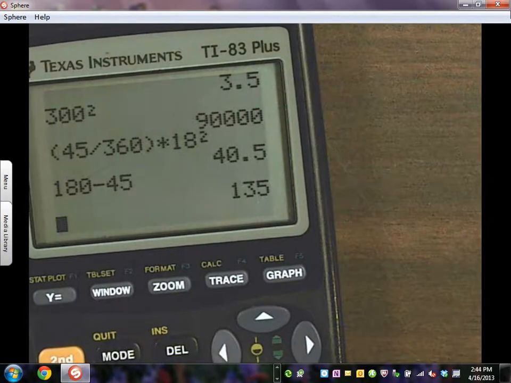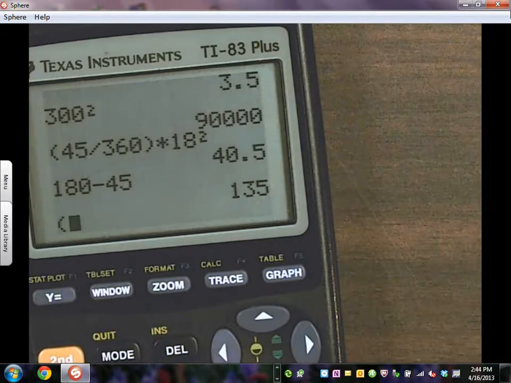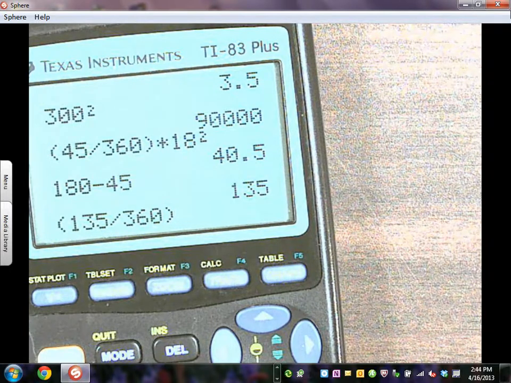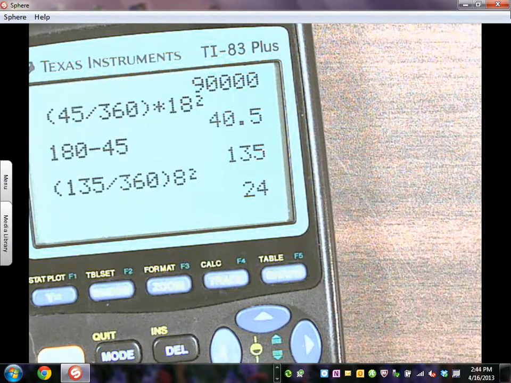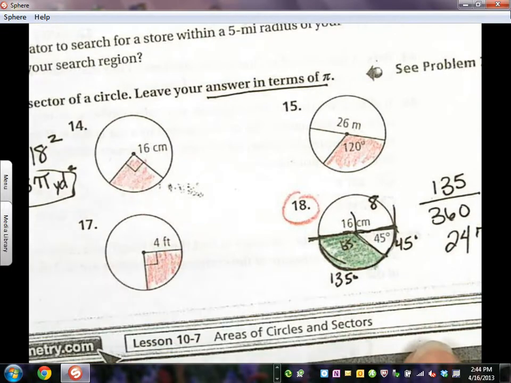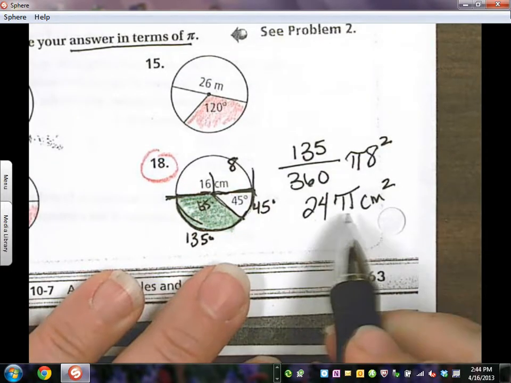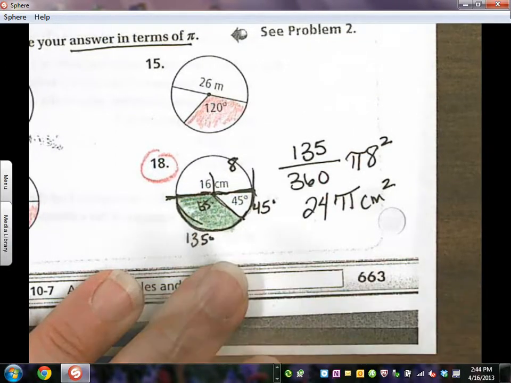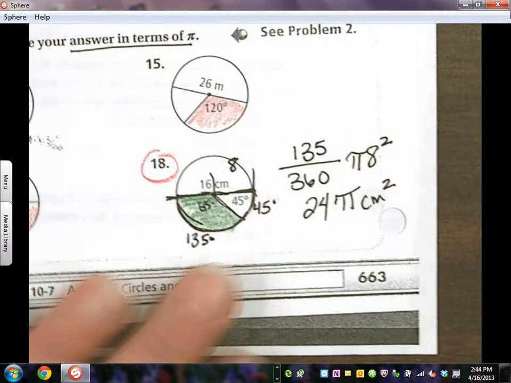And I take parenthesis, 135 divided by 360 times my r squared. And what do I get? 24. So I know that this is 24 pi centimeters squared. Sorry, I didn't put that right where it was. 24 pi centimeters squared. That's the area of this green sector. So hopefully that helps you with that one.